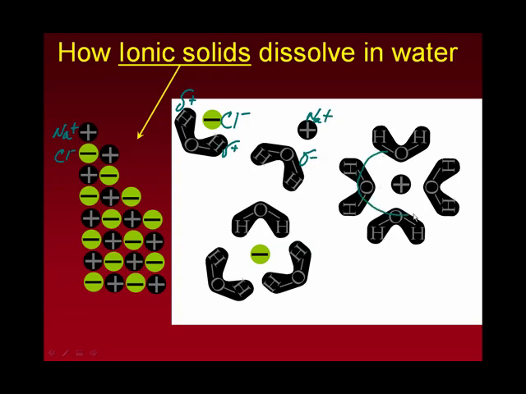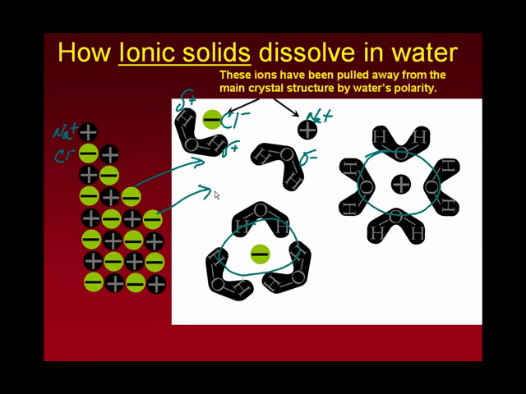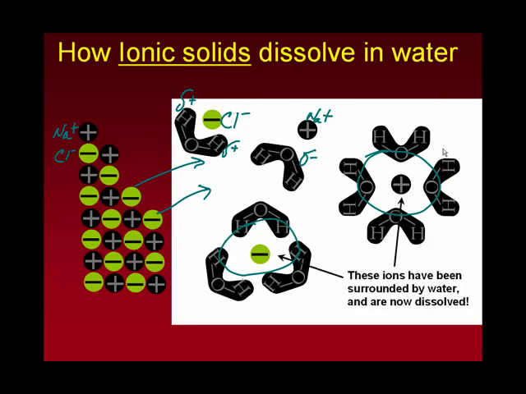And then it ends up encircling them and surrounding them and trapping these ions apart as they pick them apart and remove them. That's how ionic solids dissolve in water. So these ions have been pulled away from the main crystal by the water's polarity, and then they're surrounded by water, and that's when they're considered to be dissolved.